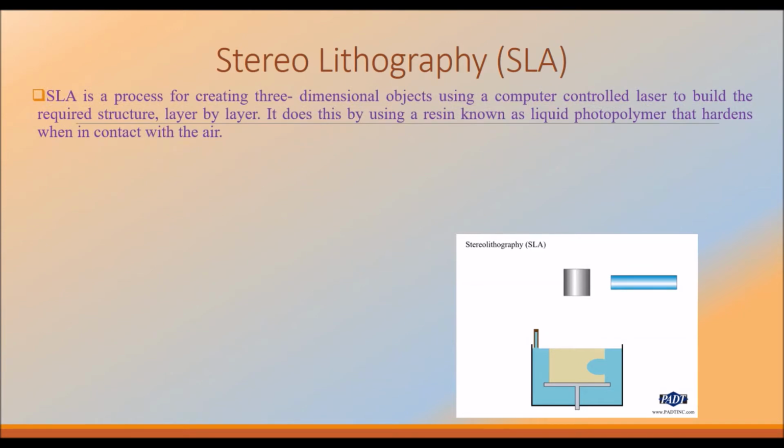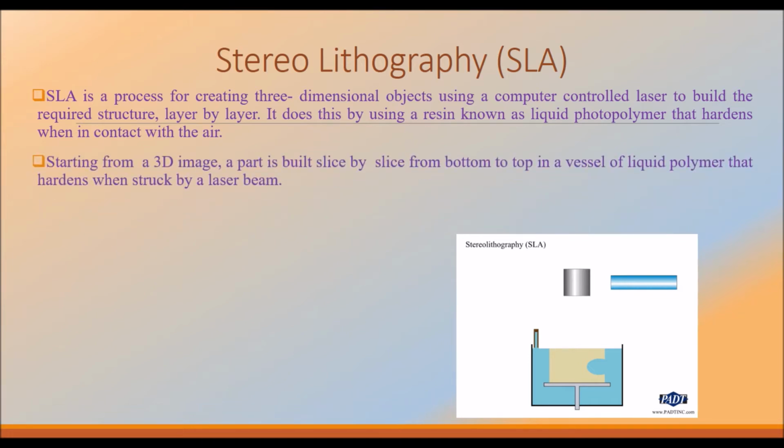SLA is a process for creating three-dimensional objects using a computer controlled laser to build the required structure layer by layer. It does this by using a resin known as liquid photopolymer that hardens when it contacts the air.